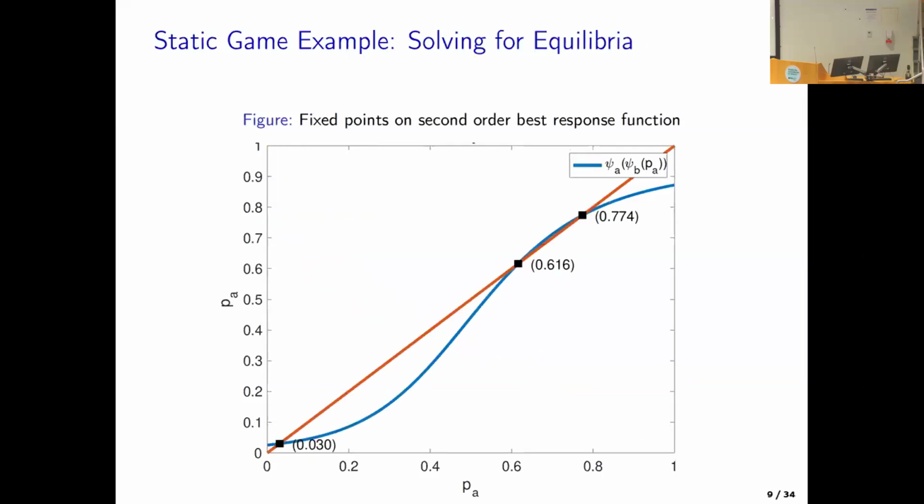Now you can also substitute them into each other, and you get what we call a second order best response function, and we need a fixed point of this second order best response function. Here it's the second order best response function for firm A, and you see there are these 3 different fixed points.